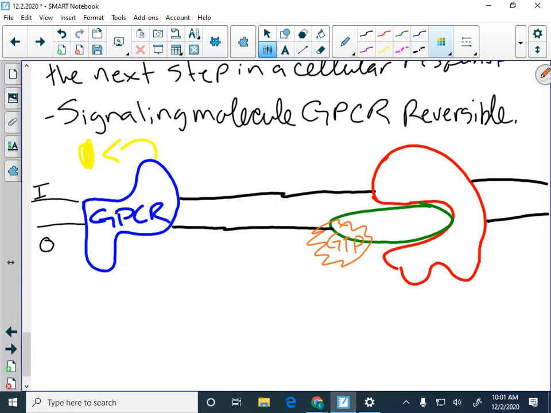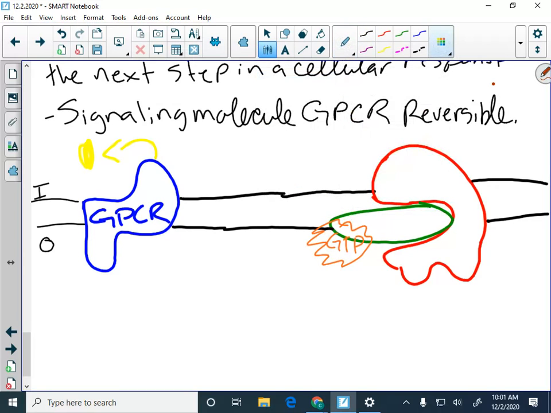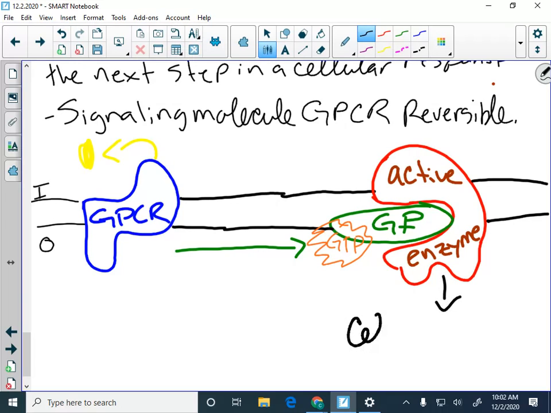So we now have an active enzyme, because our G protein has moved from our receptor to our enzyme. This will trigger a cellular response.